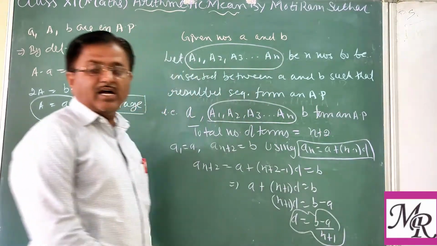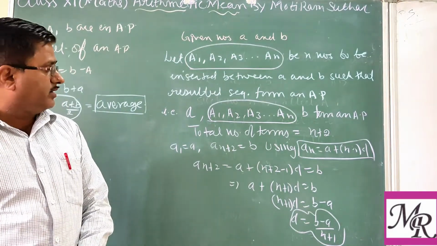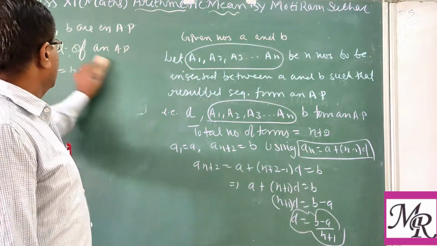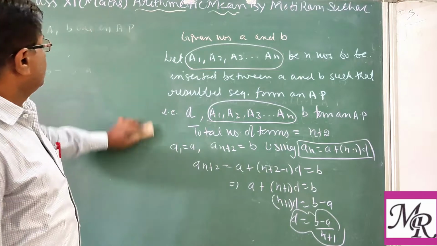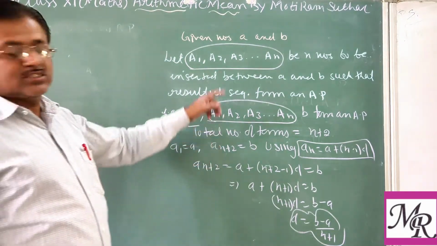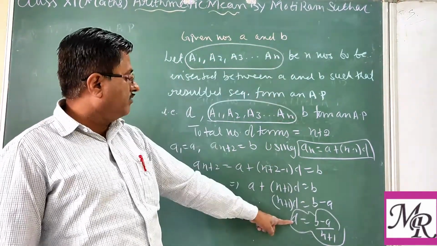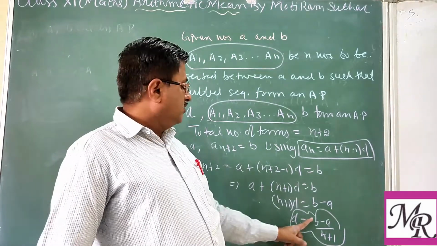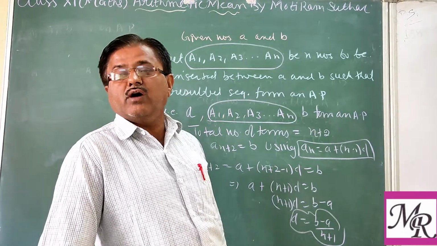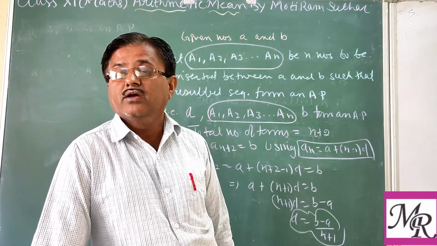Because we know the first term, our requirement is to find D. So we get the first term of the AP and the common difference. The first term A and B are already given, and D we find. D is B minus A upon n plus 1. N we know, because how many numbers you have to insert between the two given numbers, you already know.